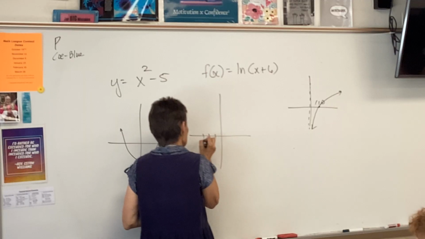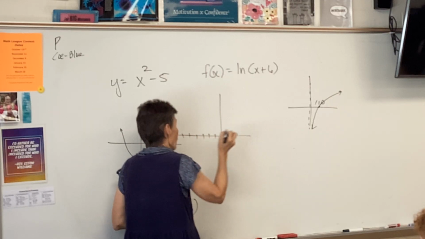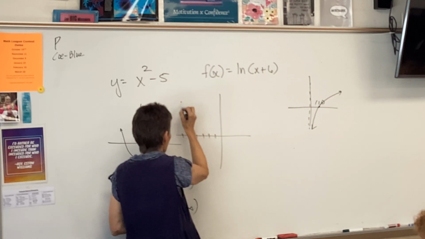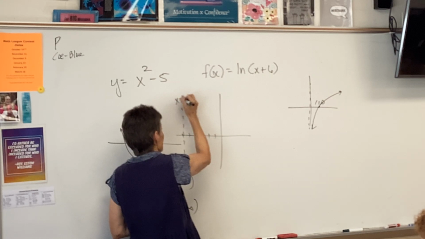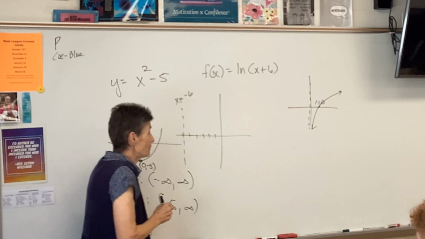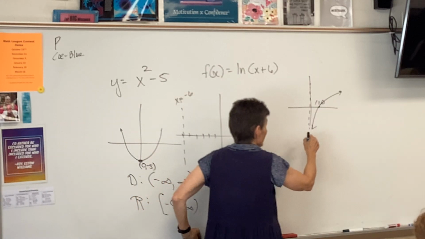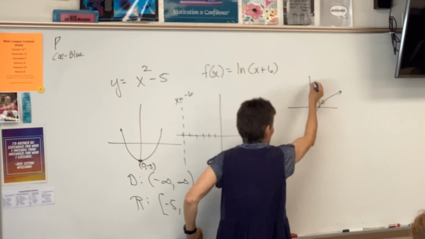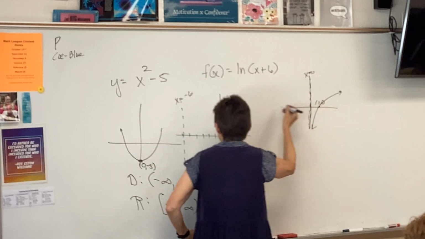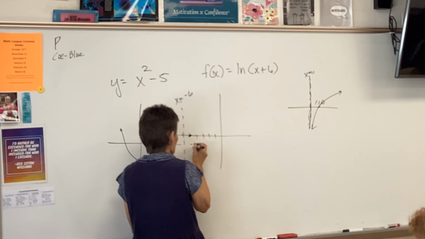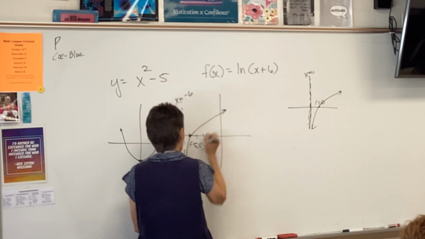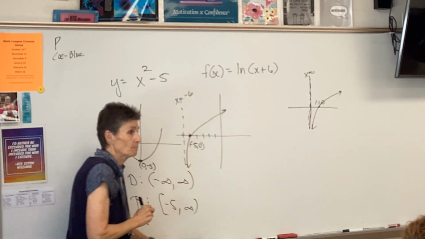So that means what was at 0, which was an asymptote, is now at -6. And the point is gonna be at -5 because it was at 1. And that's what it looks like.